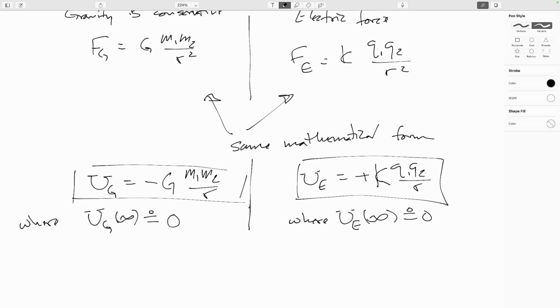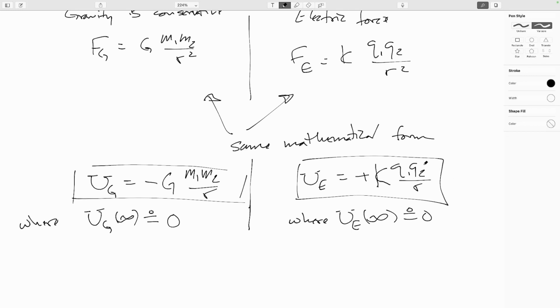If I have two positive charges and I let them go, you're going to want to go to a lower potential energy by flying apart. So here, we're going to get to a lower gravitational potential energy if r gets smaller. You get closer together, you'll have a bigger negative number, which is lower than the negative number you had before. Here, if I have two positive charges and I let them fly apart, r gets bigger.